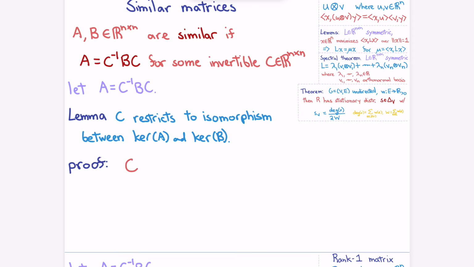C originally maps R^n to R^n, and this claims that if I restrict C to just the kernel of A, then this will map the kernel of A into the kernel of B, and not only that, but it'll be invertible.